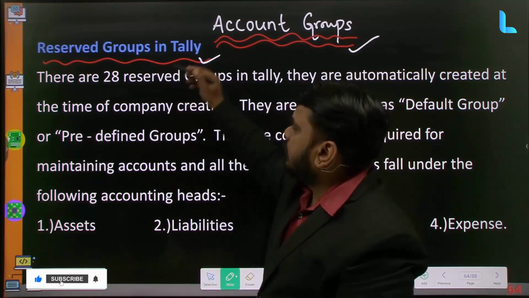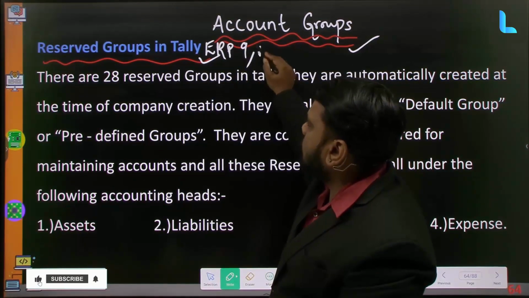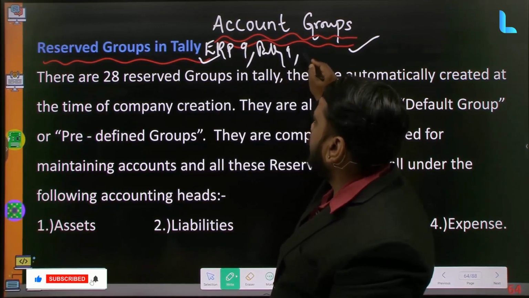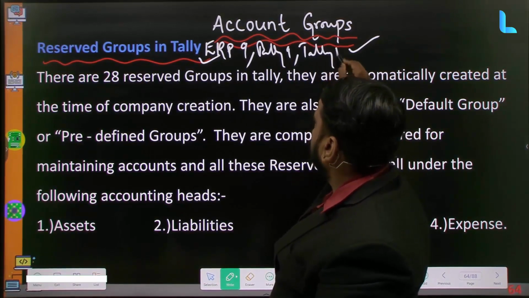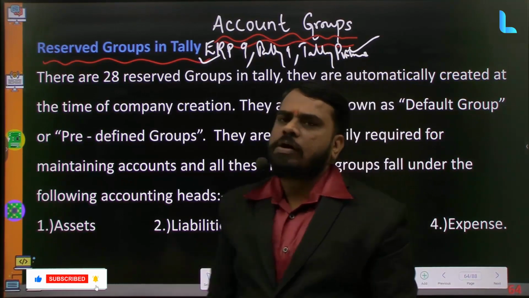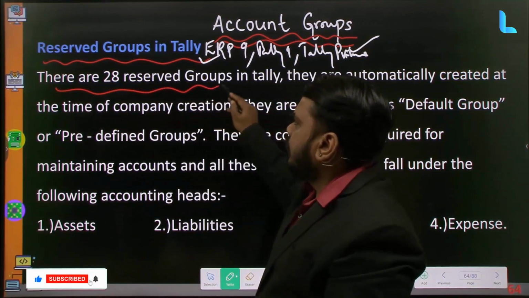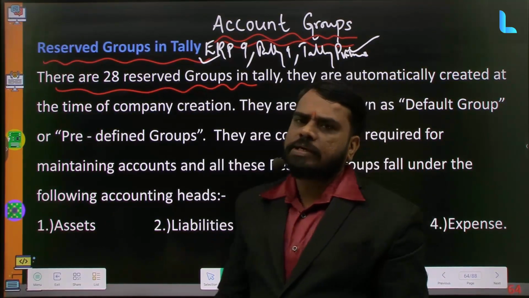Whether it is Tally ERP version or ERP 9 or Tally 9 version or the latest Tally Prime version, in any of these Tally softwares, when we create a company, 28 reserved groups are created automatically.